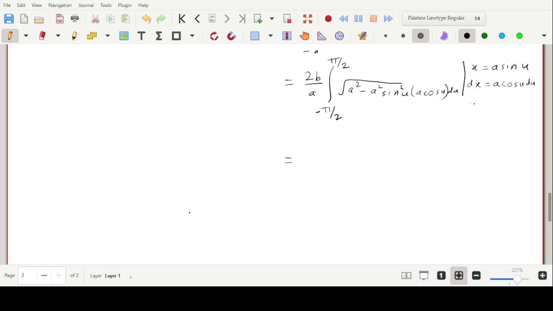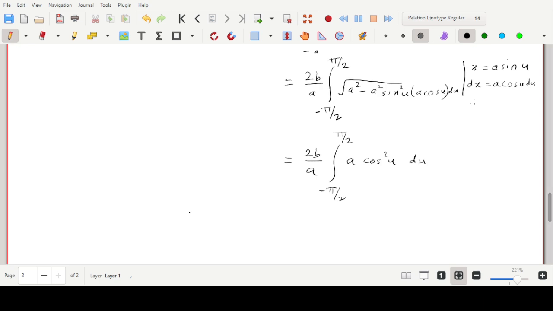Alright, so 2 times b over a, integral from negative pi over 2 to pi over 2, a cos square u du.